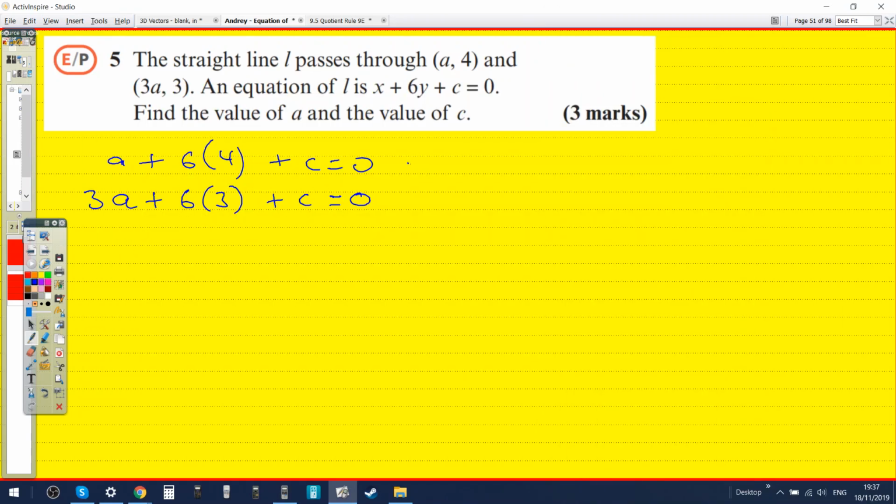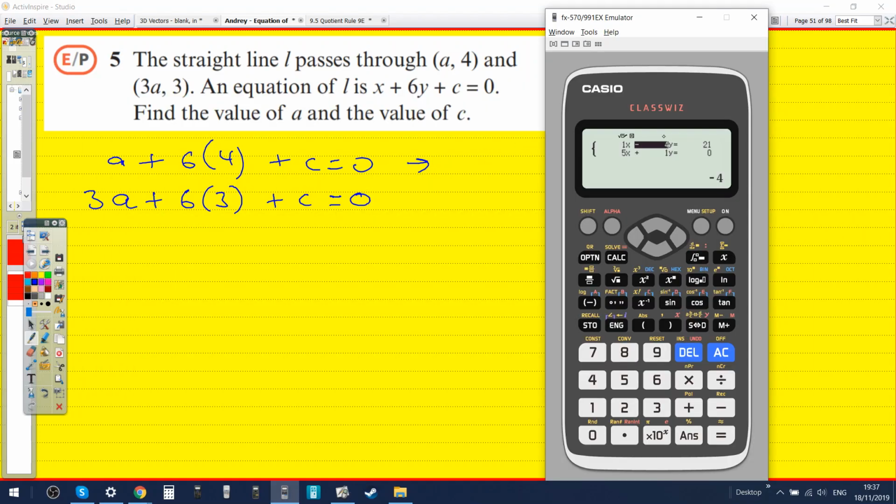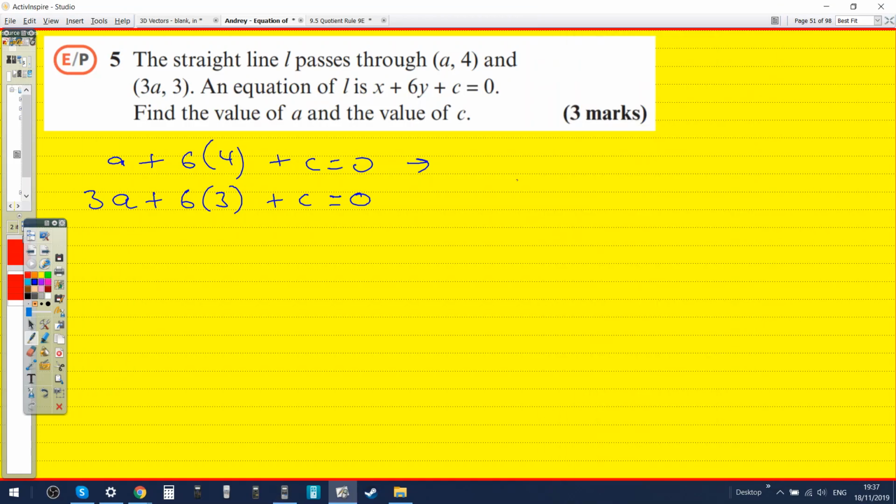No. The way you would rearrange it is that you make the 2 unknowns on one side and the number on the other side. So will that be 20? Okay, so will that be equal to minus 24 then? Yes.